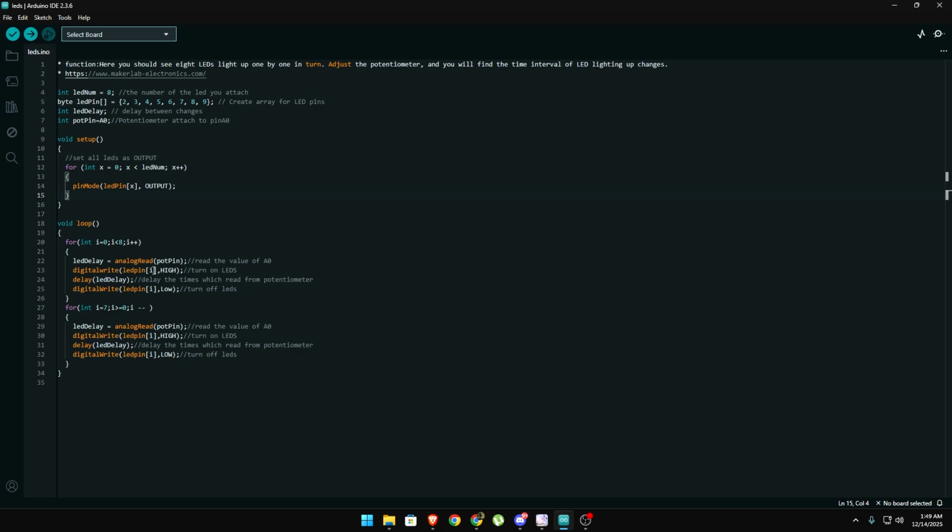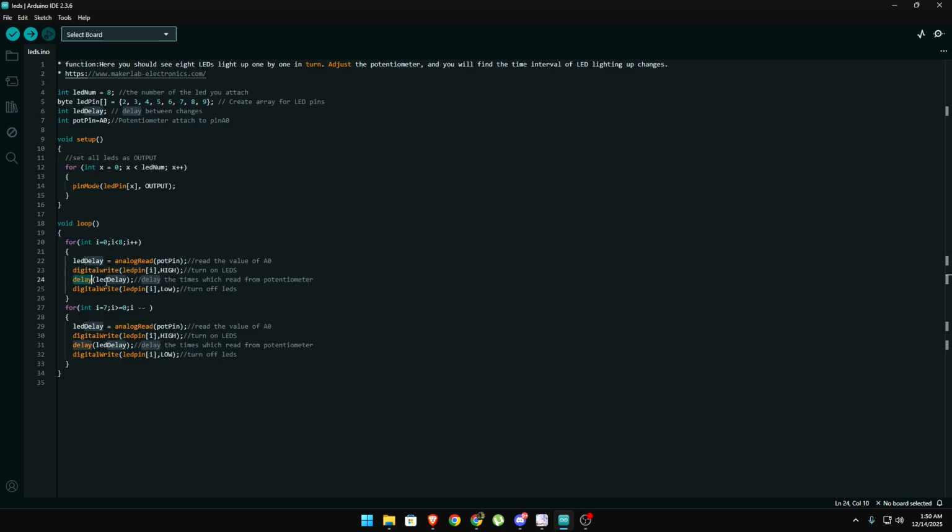For example, if you input the potentiometer to 2, then that specific pin number that connects to the LED, which is high, will output and that LED lights up. If it's 3, that specific LED will light up, and so on.